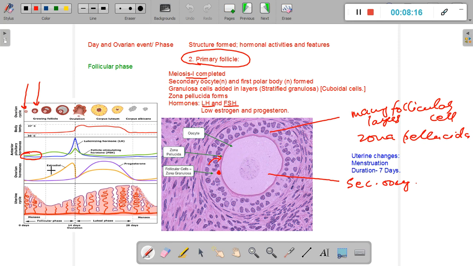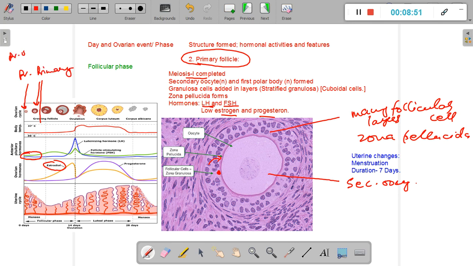Okay, what are the other events taking place in the ovary? Are there any changes in the other hormones, the ovarian hormones? So we've seen the hormones from the brain. There was a rise which caused these changes. The FSH caused this change, but there is no change in the ovarian hormones. So here in purple we have progesterone, in orange we have estradiol or estrogen. So the concentration of estrogen and progesterone remains low. Now we've seen what is happening in the ovary. We understood the primordial follicle is converted into a primary follicle.